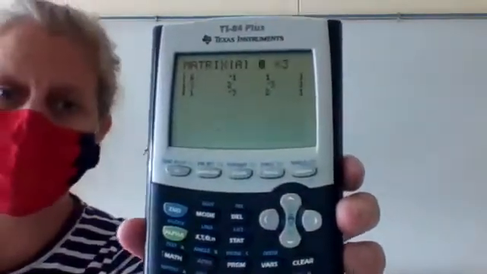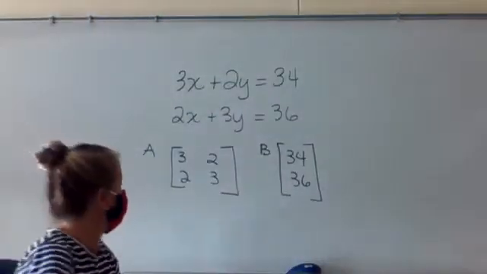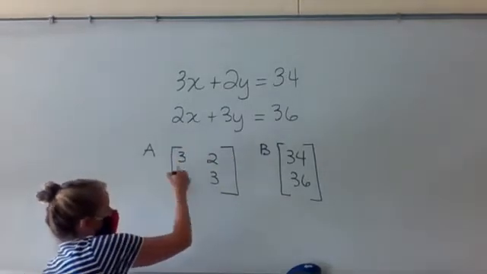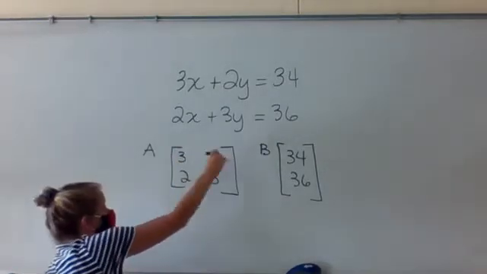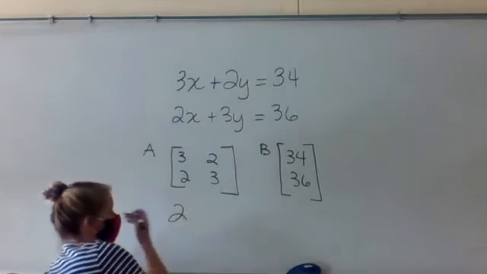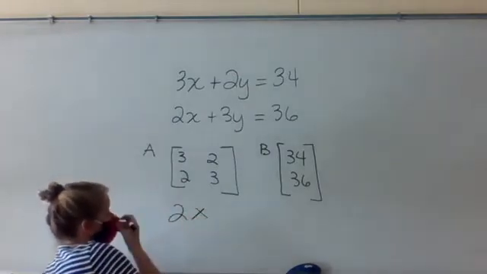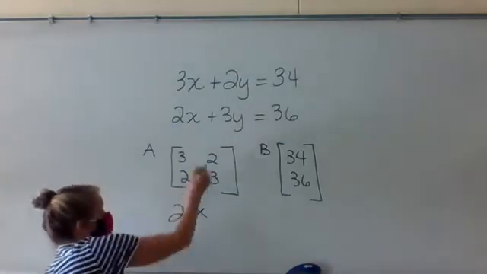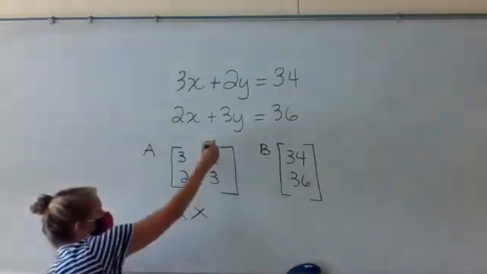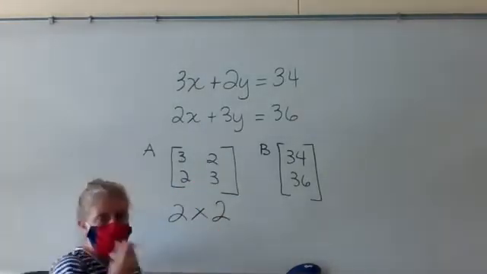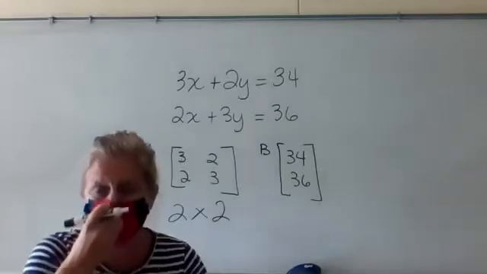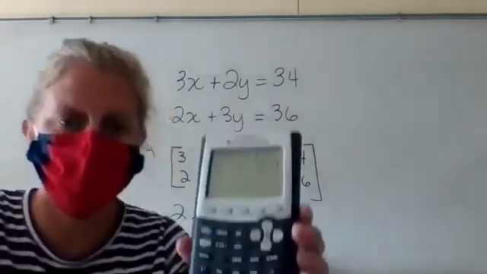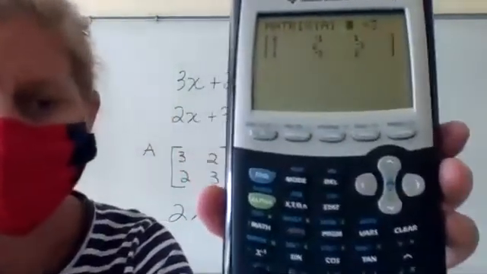So let's look at ours. My matrix A, rows go this way. So how many are there? 1, 2. So there's going to be 2 rows. How many columns? Columns are up and down. There's 1 column, 2 columns. So you're going to create a 2 by 2 matrix.